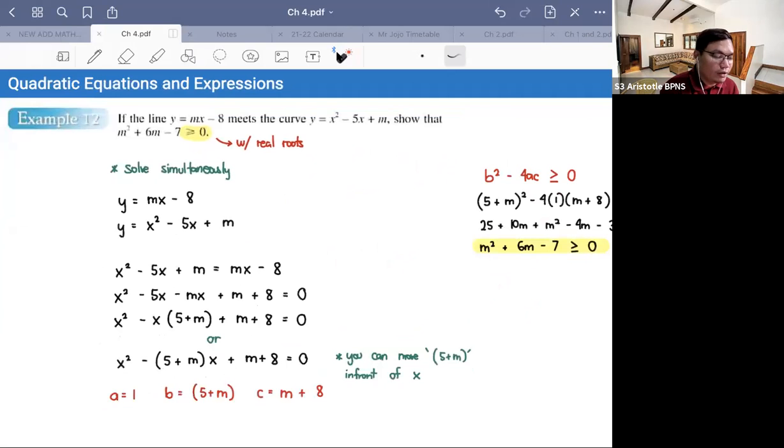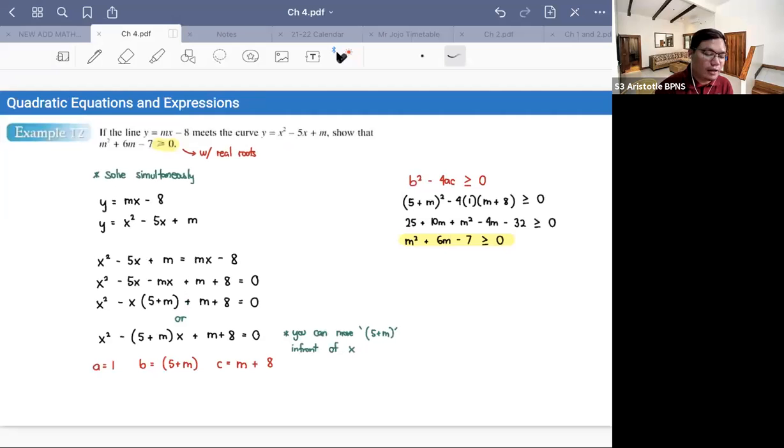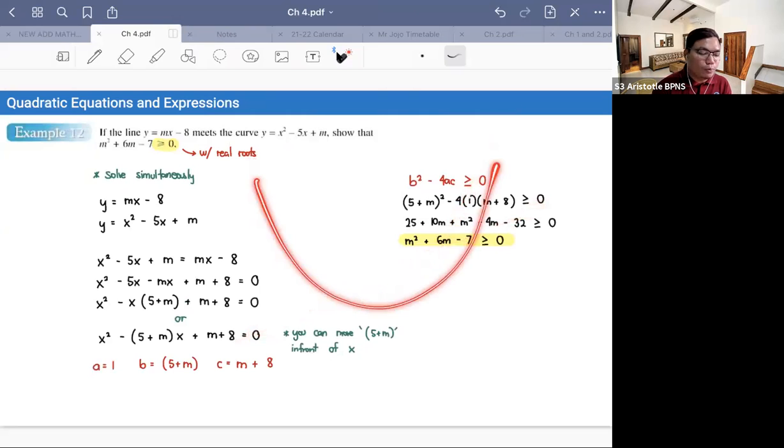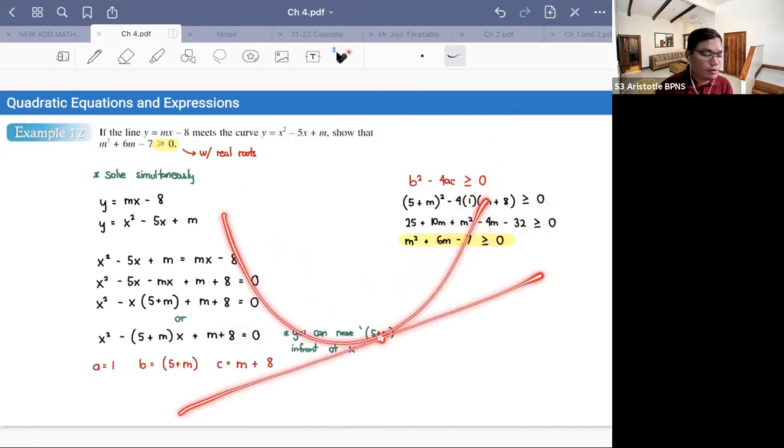So let's have number 12. If the line y is equal to mx minus 8 meets the curve y is equal to x squared minus 5x plus m, that means basically, class, you have two graphs here, a line and a curve like this. It says that they met, but we don't know if it's 2 points or just 1 point.